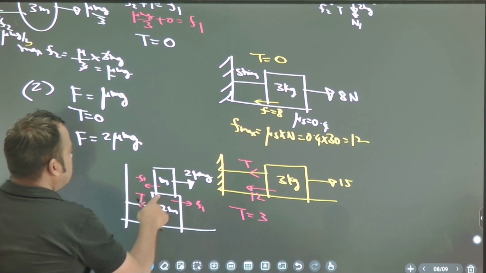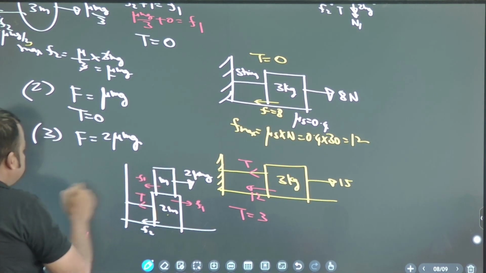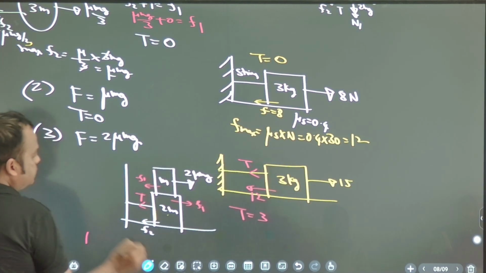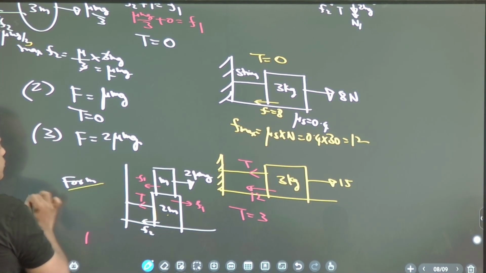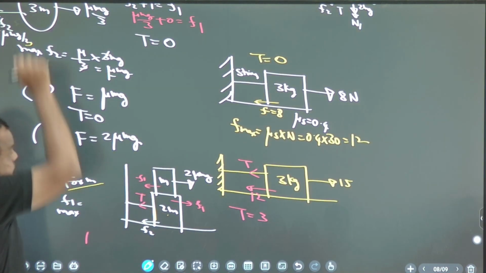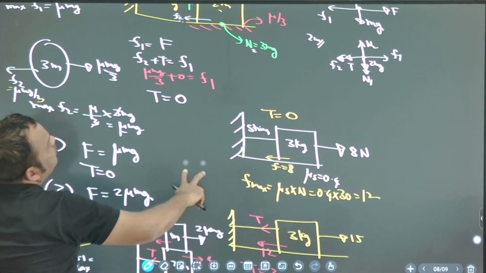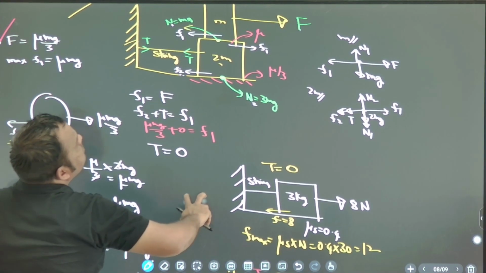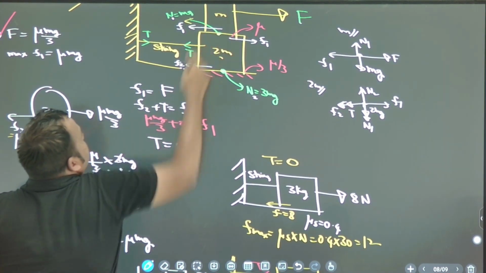Now you come to m. For m, what is the maximum value of F1? Mu mg, correct.